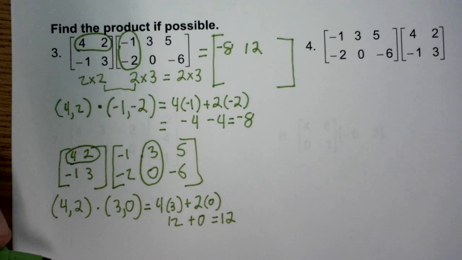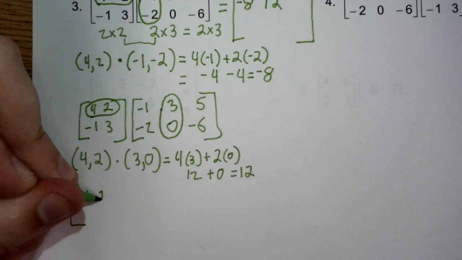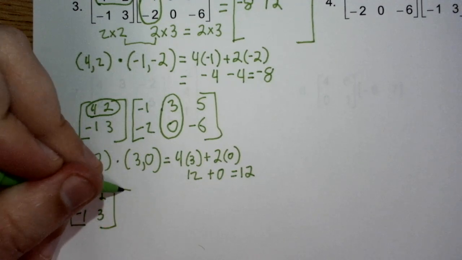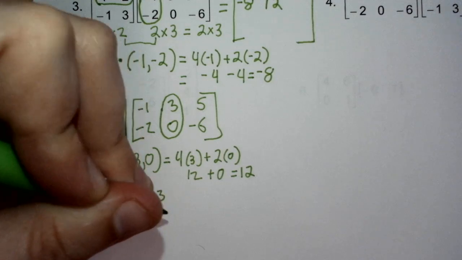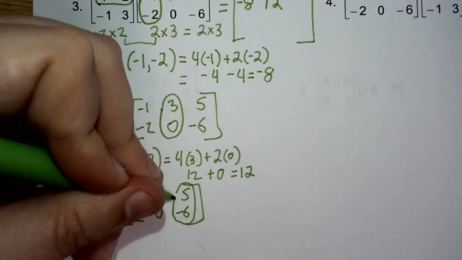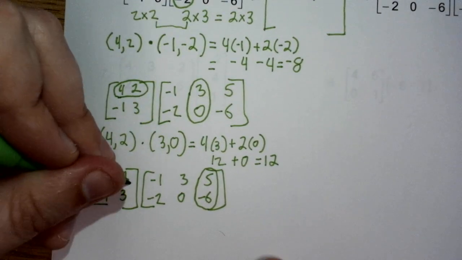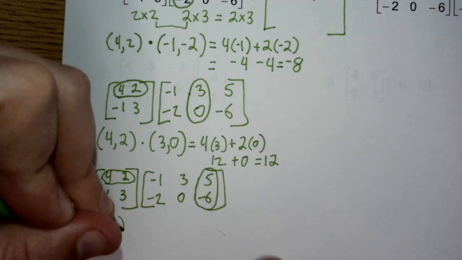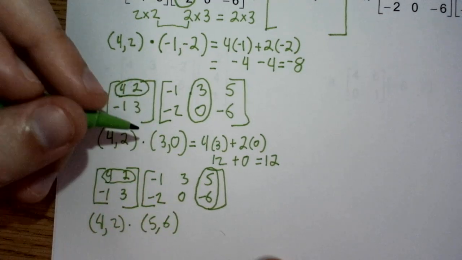Okay, I'll draw it out for you one more time. So still using the same 2 by 2 times this 2 by 3. For this one, we're multiplying by this last column to give us my number up here. And still using the 4 and the 2. It's going to be multiplied by 5 and -6.